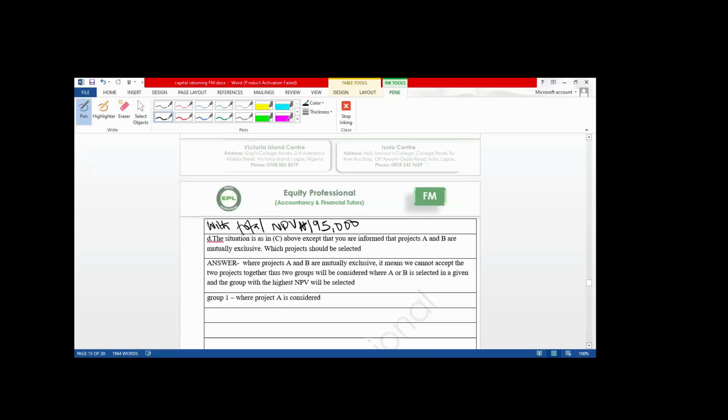You have group 1, where project A is considered.